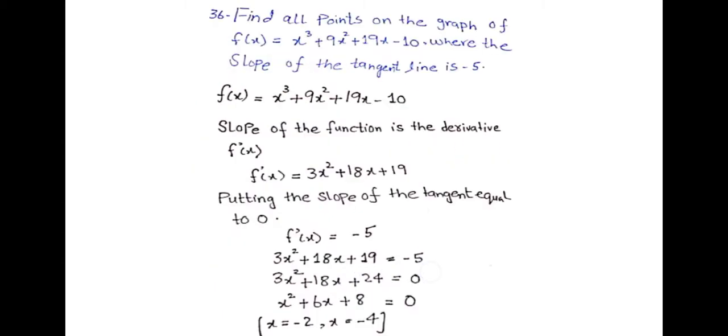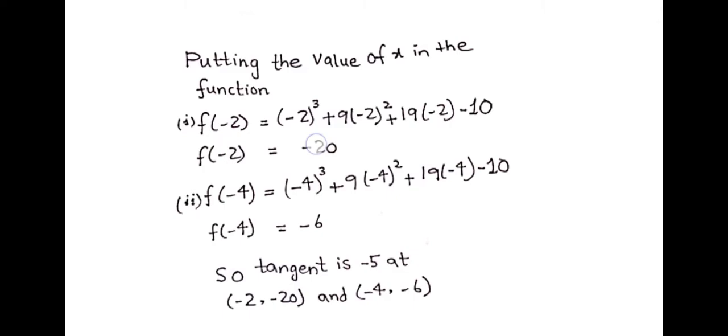Simply in this function x^3 + 9x^2 + 19x - 10, we put -2 instead of x, and then by simplifying we find f(-2) = -20.